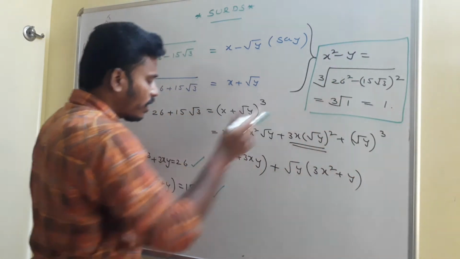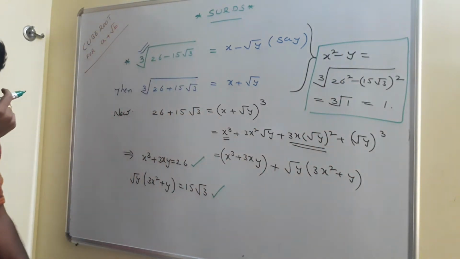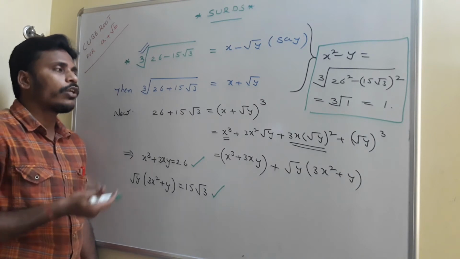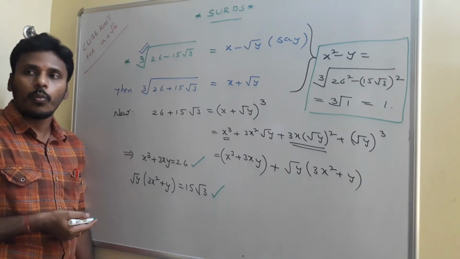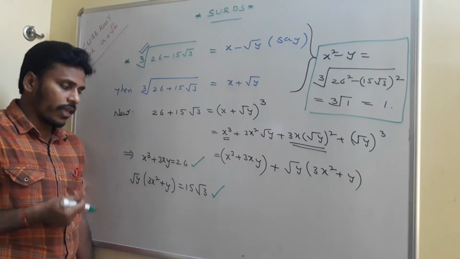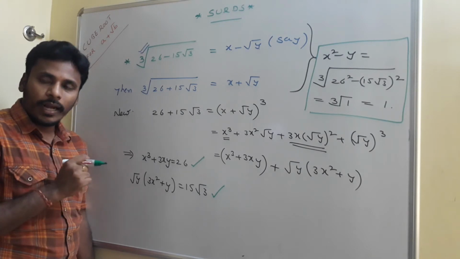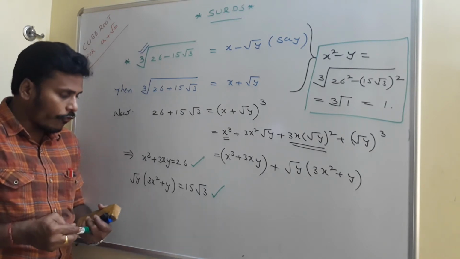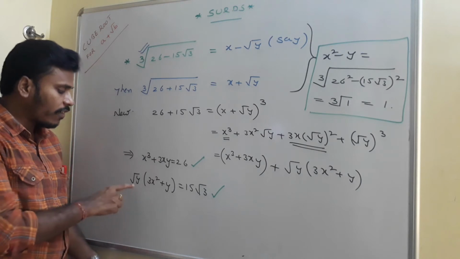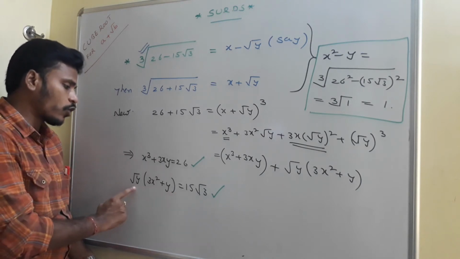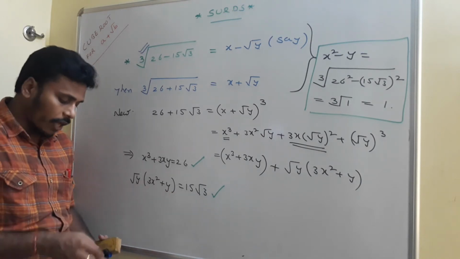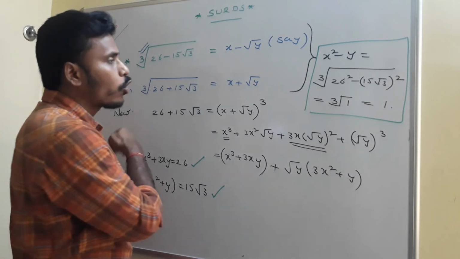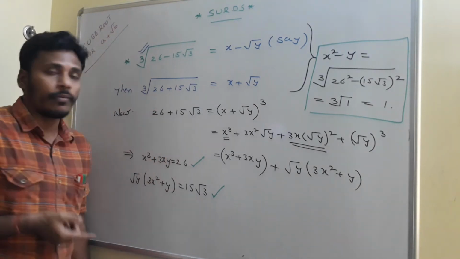Using these three restrictions on x and y, you need to find the values of x and y. In most cases, one way to find x and y is guessing the value of y by comparing this root y along with root 3. Otherwise, you need to make a cubic equation. I will give you one more problem in that way also.